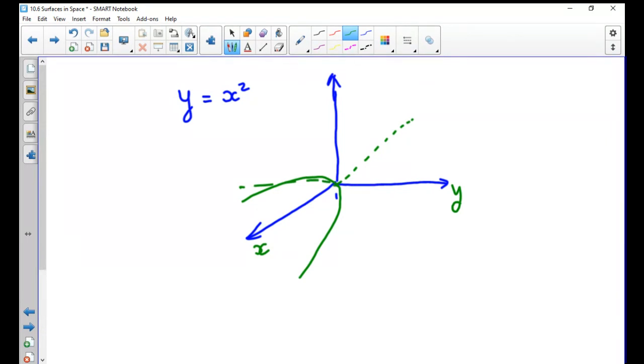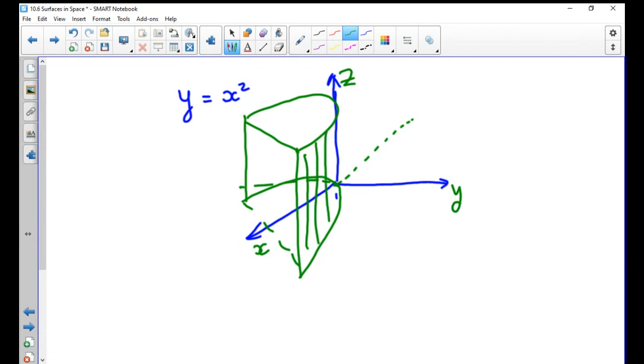Then what happens to this parabola? We'll slide it along the z-axis, yeah? So it's going to give you something which looks a bit like this. Can you see this? So it's going to be a surface, yeah, like that, around. At every value of z, you will get a parabola y equal x squared. So that's the general idea of these graphs.